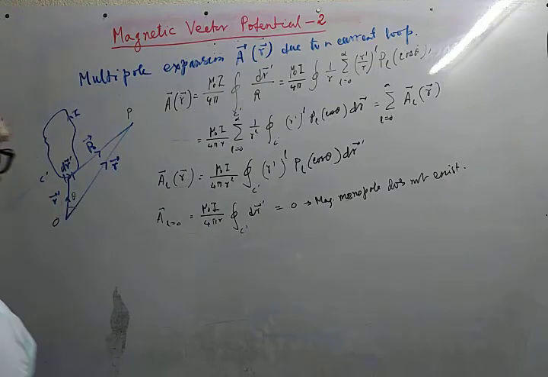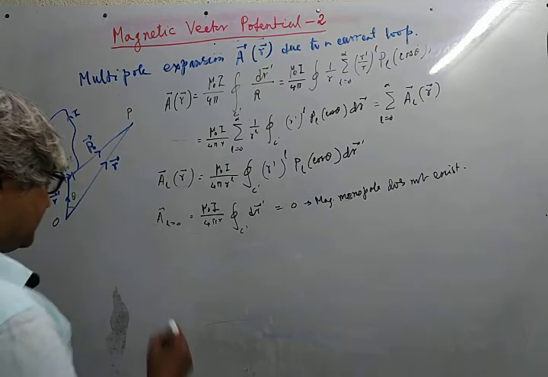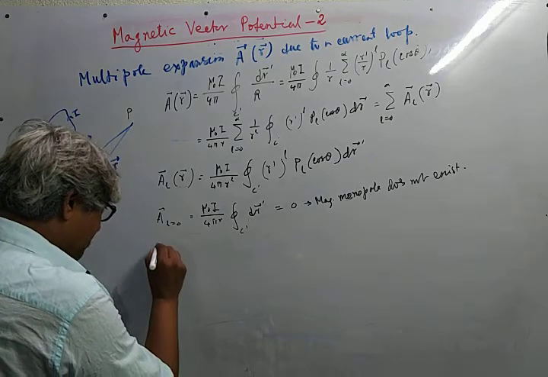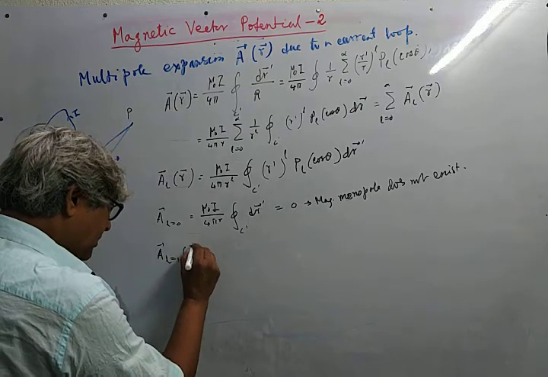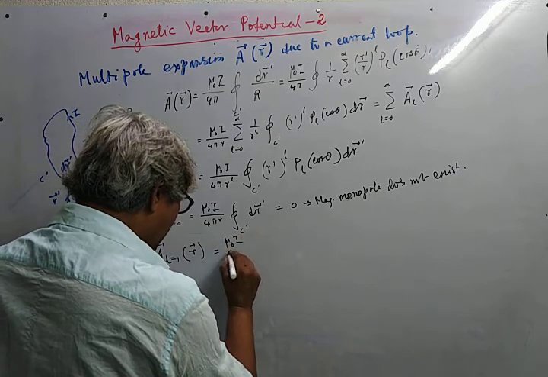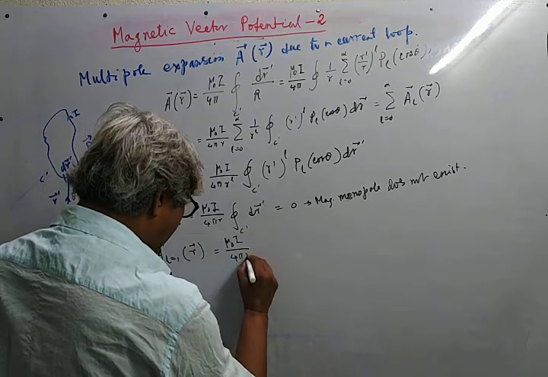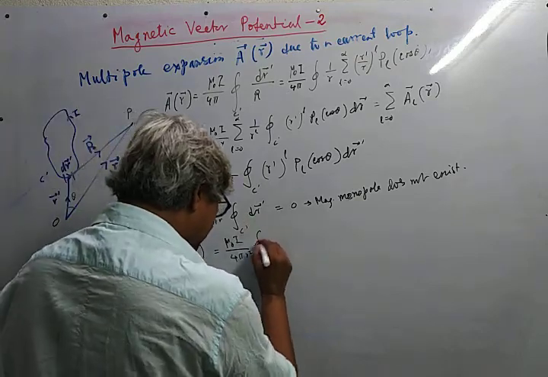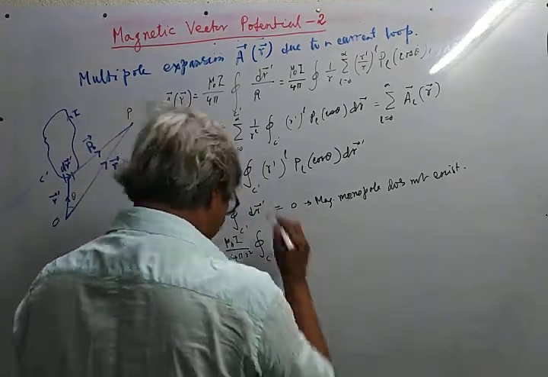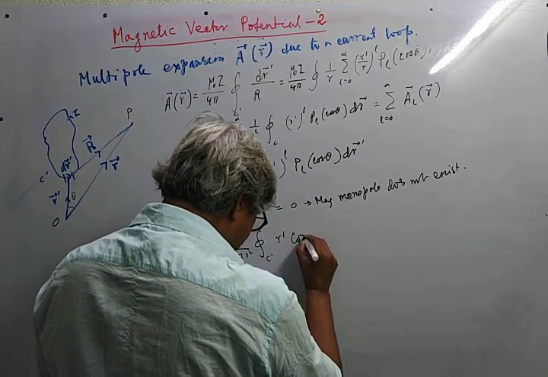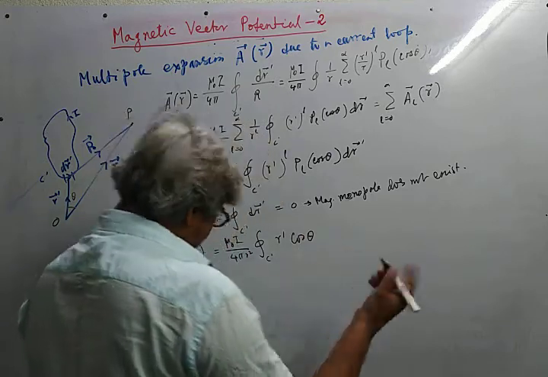Now the second term, which is called the dipole term, is L equal to 1. This is equal to mu 0 I upon 4 pi R square, and the rest within the integral is integration over C prime of R prime cos theta dr prime, as P1 of x is x.